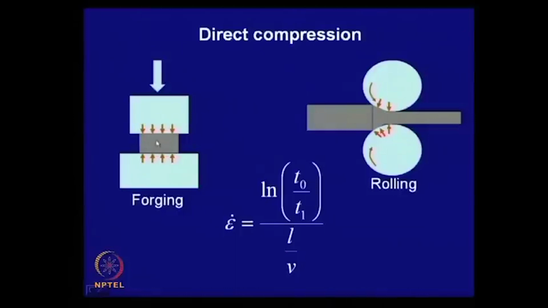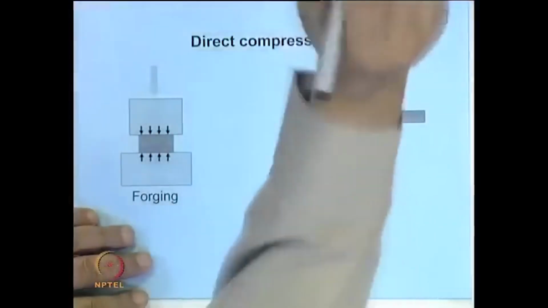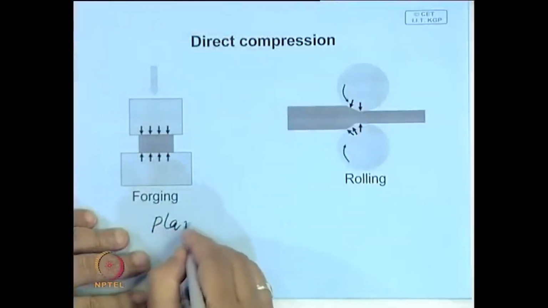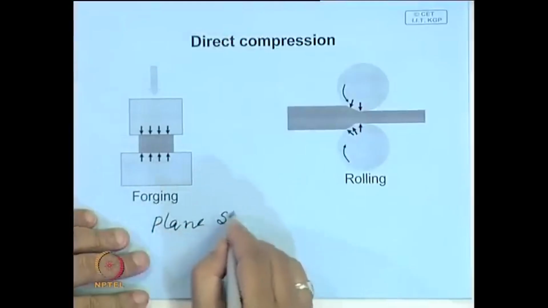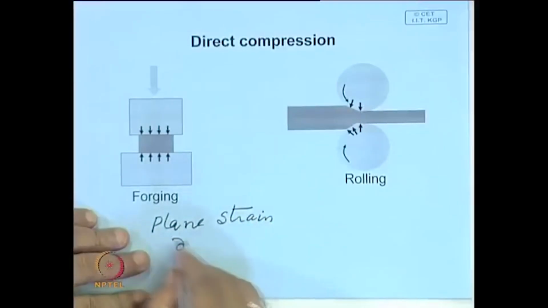In that case, the material flows in this direction and in the other direction perpendicular to the plane also. So, two directions. This kind of processing is plane strain deformation, where you have deformation in two directions.